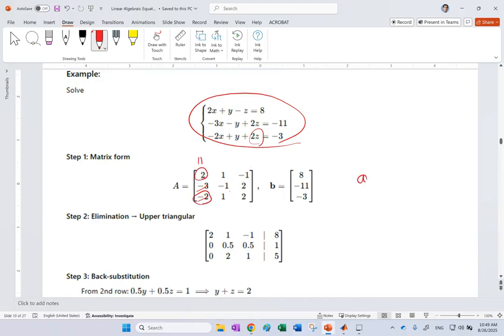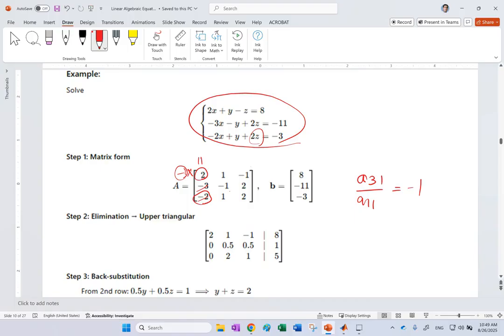So I divide A31 by A11, and this ratio is -1. Okay, then I multiply row 1 by a -1. I multiply all of it by a -1 and subtract it from the third row, or in this case, I can simply just add them together.